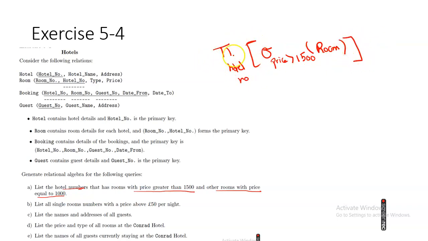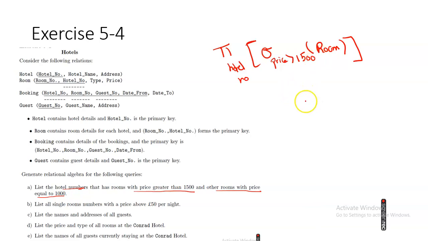This one will get the first part, which is the hotel number that had a room with price greater than 1500. Are we done yet? No, because we want the hotel numbers that have rooms with price greater than 1500 and actually another room with price equals to 1000.